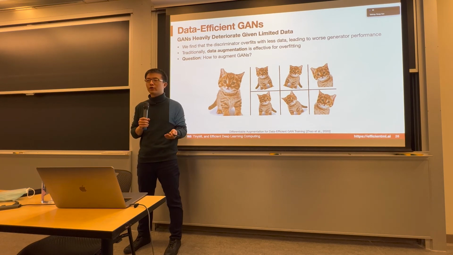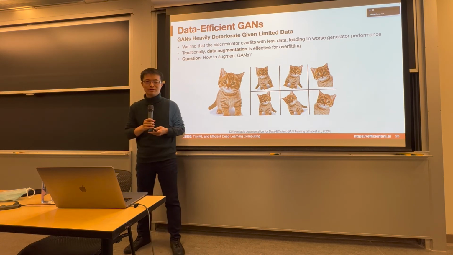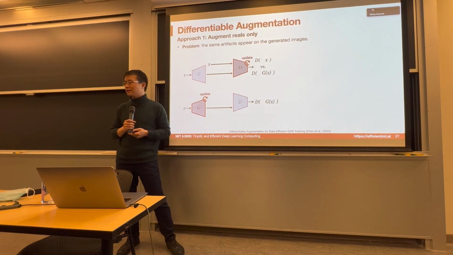For the discriminator, you can also apply it either to the fake input, or to the real input, or you can put it in both. So where exactly we should apply such augmentation to the image for a GAN model remains a big challenge, right?